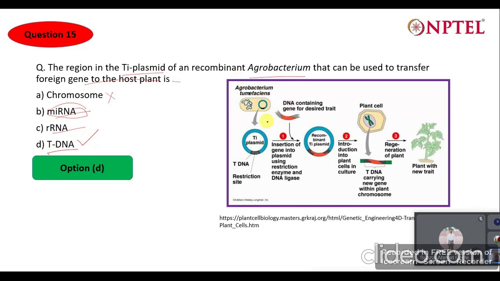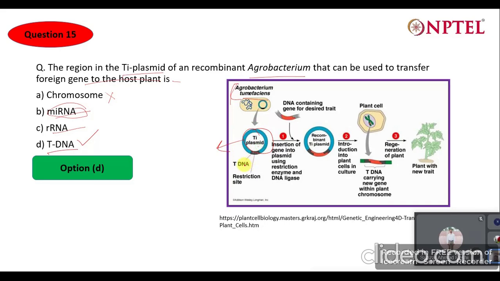And how does it happen? Agrobacterium tumefaciens is the bacterium that infects plants and causes crown gall disease. It has a plasmid called the TI plasmid, or the tumor inducing plasmid. This plasmid is the major cause of crown gall disease.